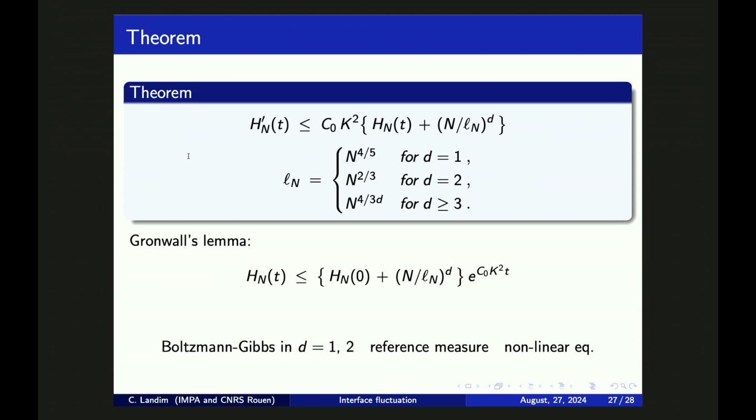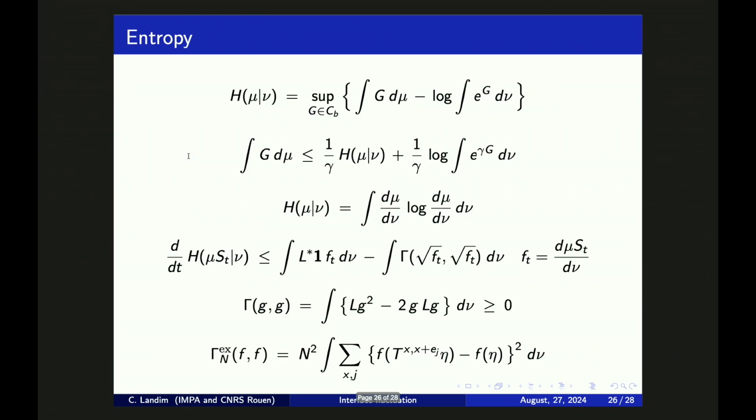Typically, if you could get k to the order of n^(2/7) in dimension 1 or n^(4/7) in dimension 2, you would get nonlinear equations for your density field. The density field would evolve according to nonlinear SPDEs, and it would be very nice to derive nonlinear SPDEs from interacting particle systems. Everything boils down to this estimate, in which I think the problem is to get a better insight on these stationary states.